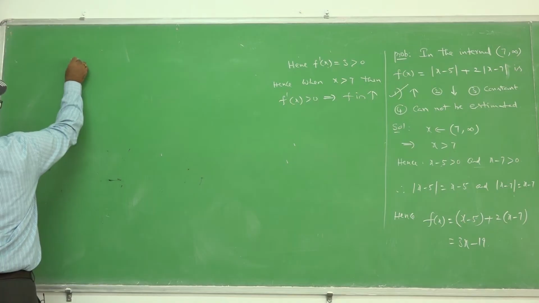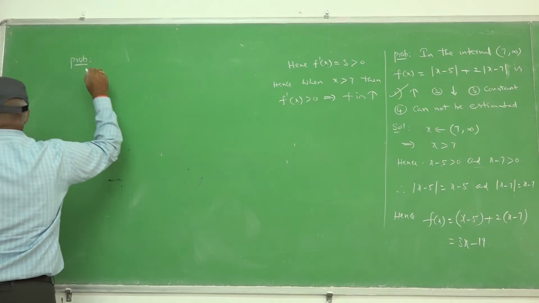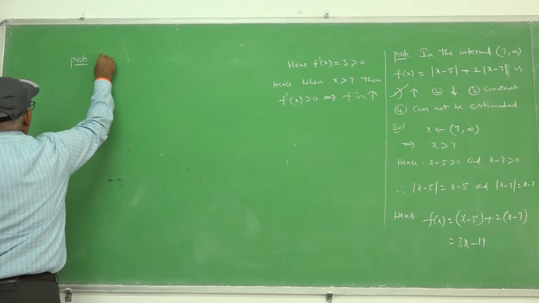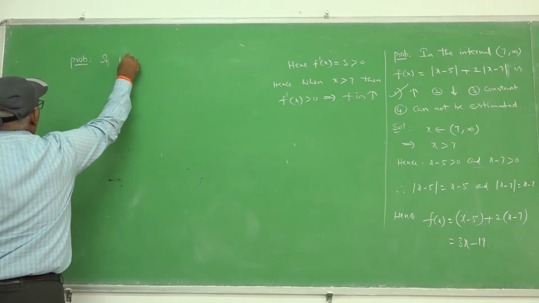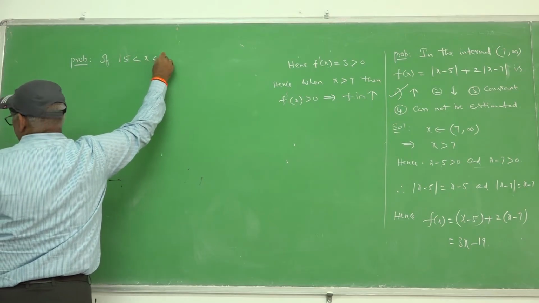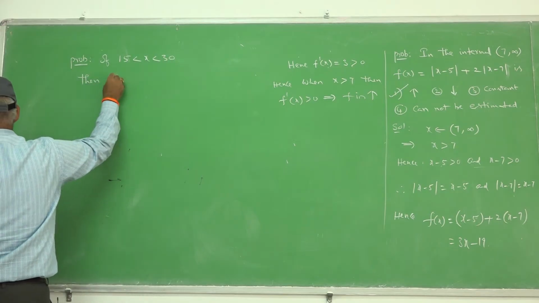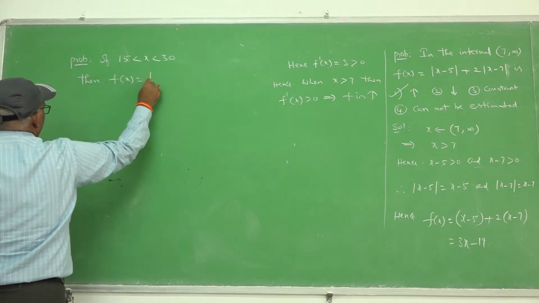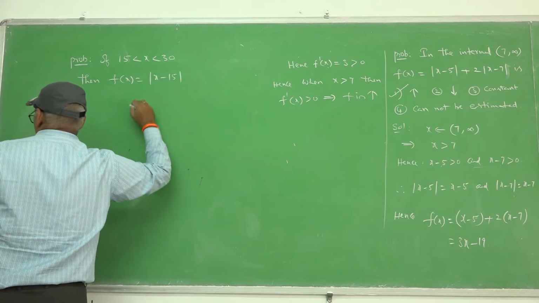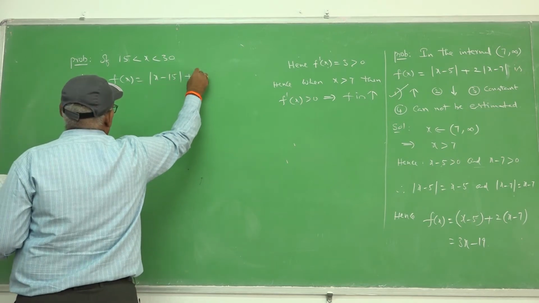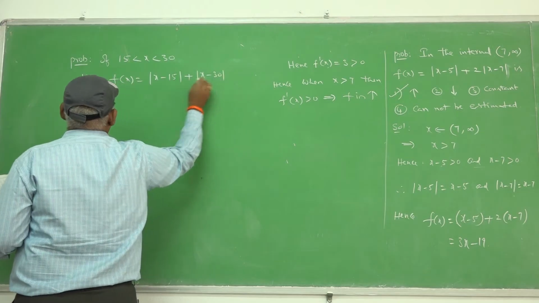Similarly, another problem, same model. If 15 is less than x is less than 30, then f(x) is mod x minus 15 plus mod x minus 30.